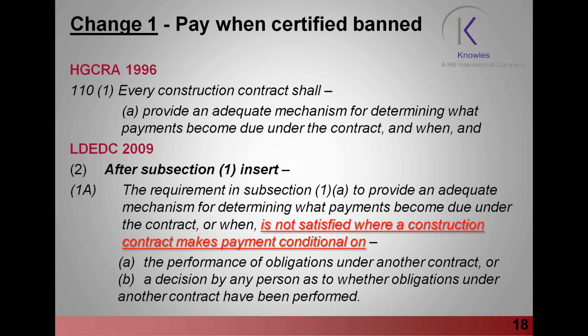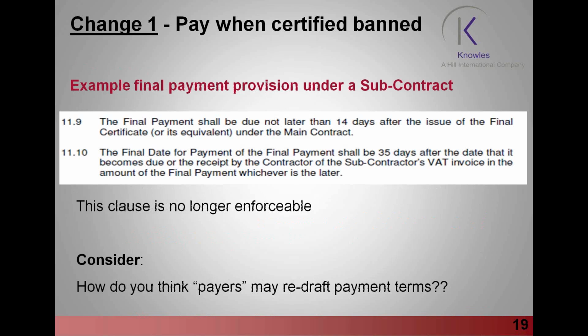An example final payment provision under a subcontract is on slide 19. And this states, in our example, clause 11.9, the final payment shall be due not later than 14 days after the issue of the final certificate or its equivalent under the main contract.